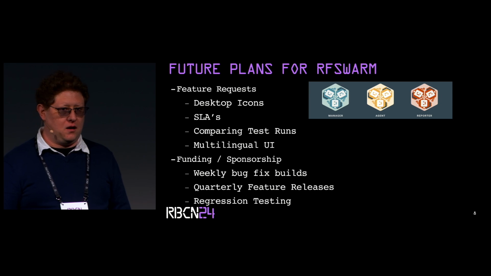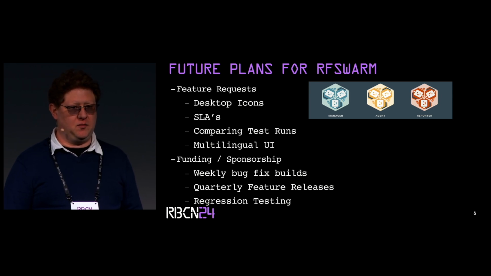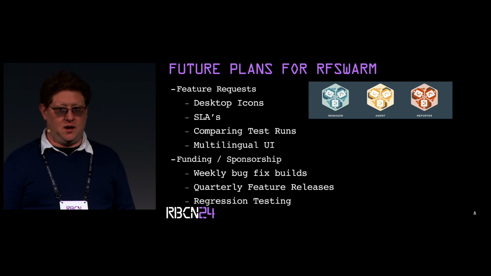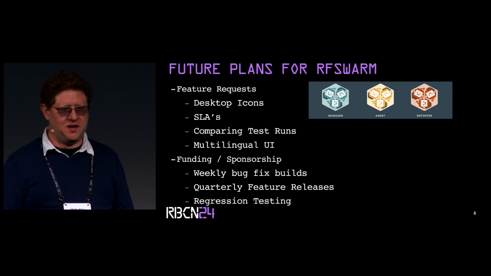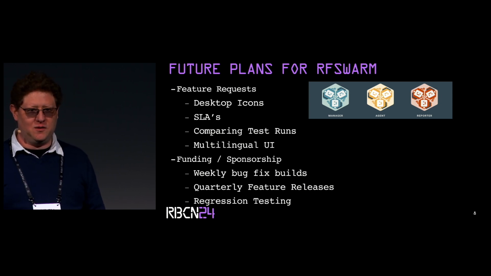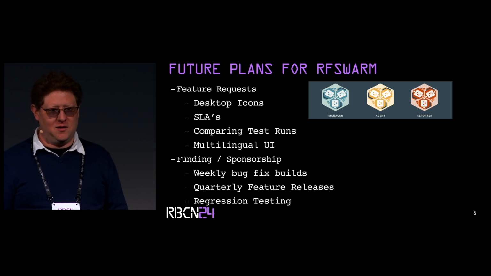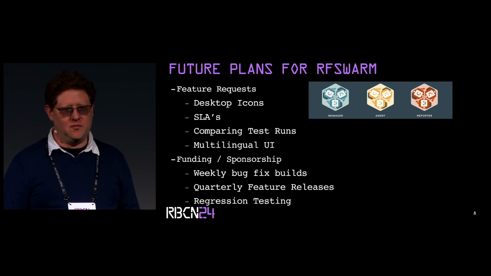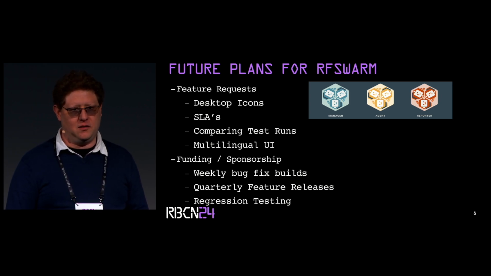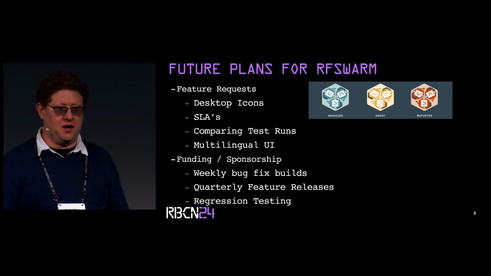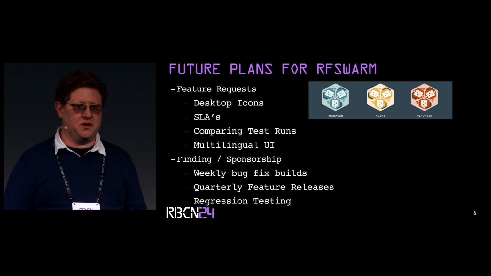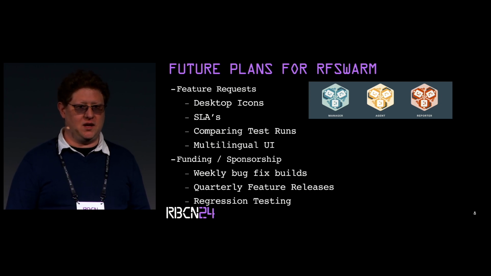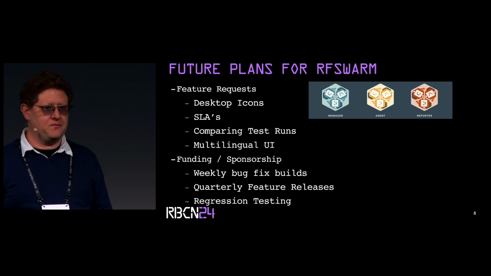So I have some test cases, but they're pretty limited. I gather most people here can write Robot Framework test cases. So if you want to, ping me on GitHub, or ping me on Discord or in Slack, and say you want to help out RFSwarm with writing some test cases, and I can give you some pointers to where things are, and you can help develop some test cases. That would be awesome too.